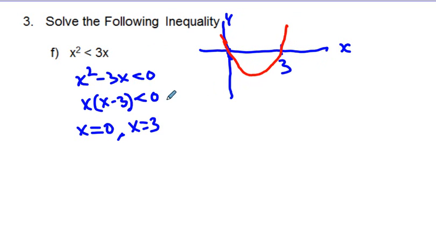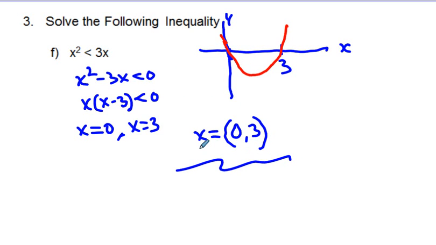And we want to know where the value is less than 0, which would be below this x-axis. So our solution is going to be x is equal to the interval between 0 and 3. And so that would be how we do that particular problem.